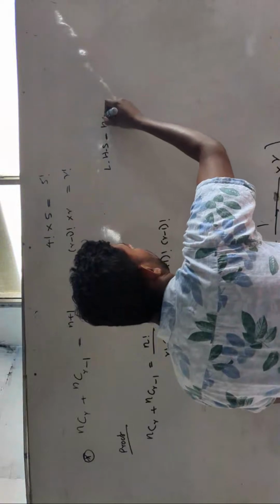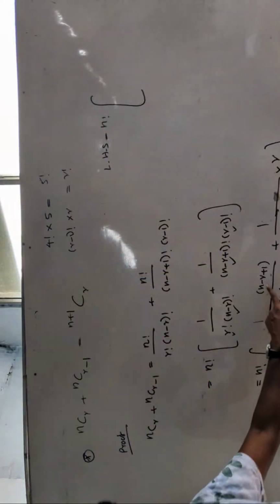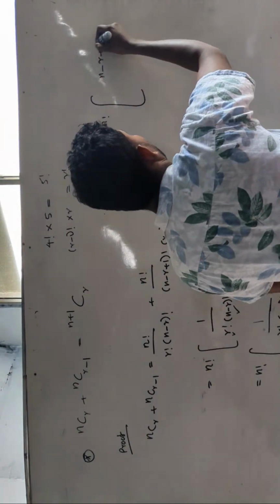Here, 1 over factorial r, n minus r factorial: I'm going to multiply both denominator and numerator by n minus r plus 1. And here, 1 over n minus r plus 1 factorial and r minus 1 factorial: I'm going to multiply this by r in both. So the LHS is equal to factorial n times the sum.